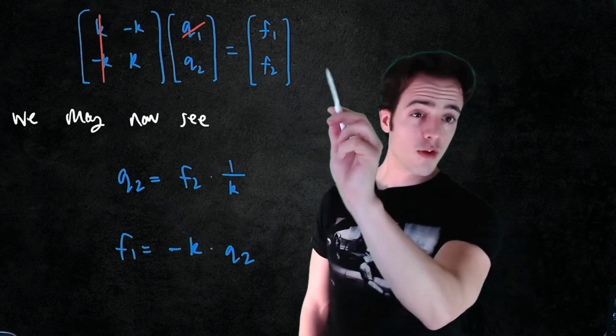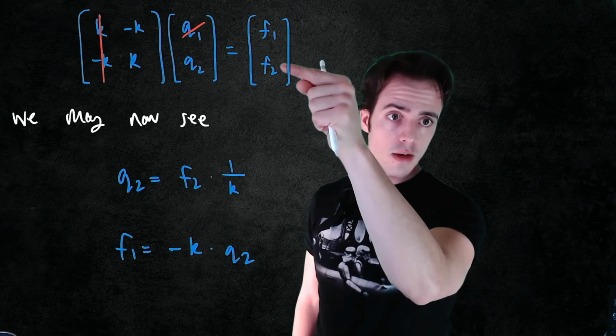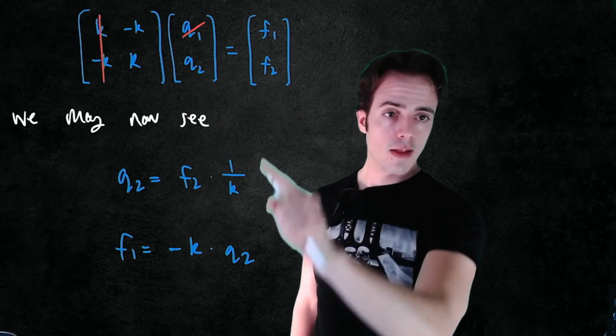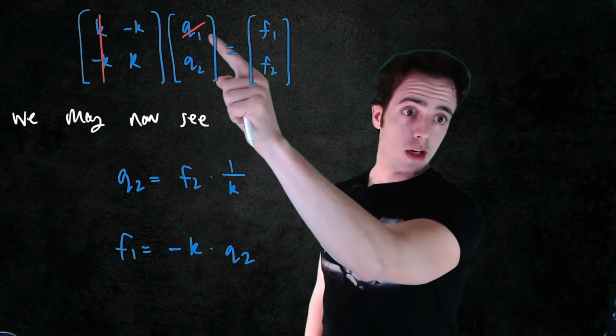That's just writing out these equations. This comes from writing out this equation and rearranging for Q2, and this one is just writing out the topmost equation with the boundary condition enforced.